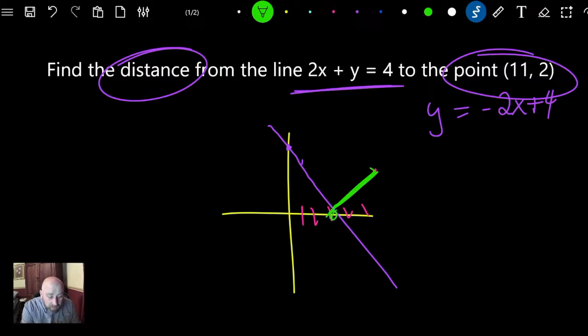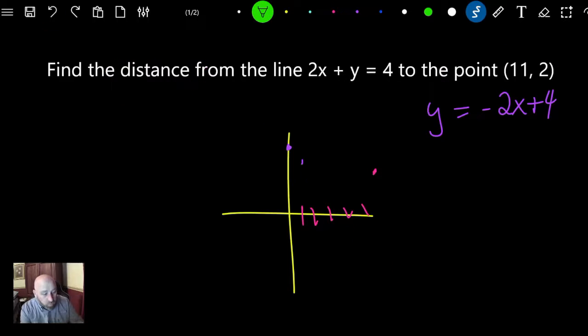In a way, if we had this intercept, we could count over, we could count up, and using the Pythagorean theorem, we could find that. So that's one way we could do it. But we can also do it just using our algebra concepts that we've been using in this lesson to figure this out. So that's what we're looking for. That's what we're doing here, finding the distance.